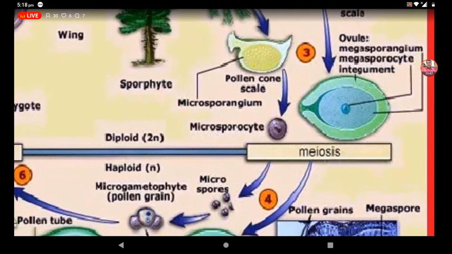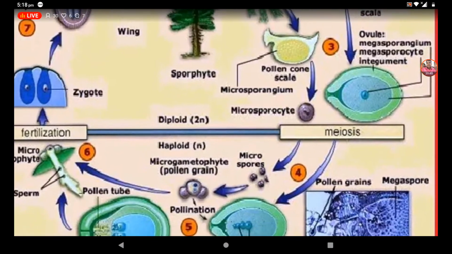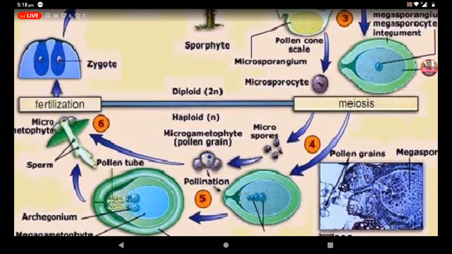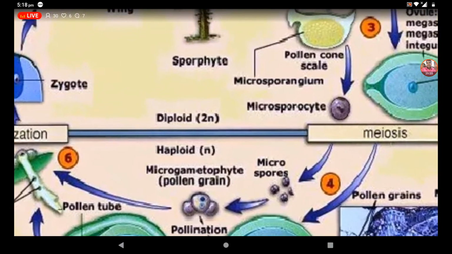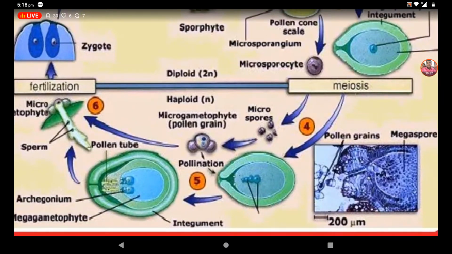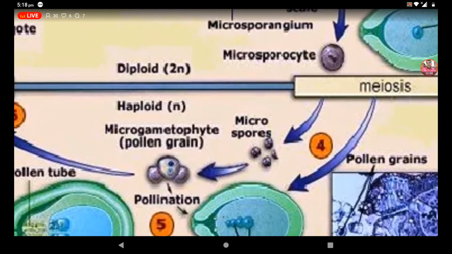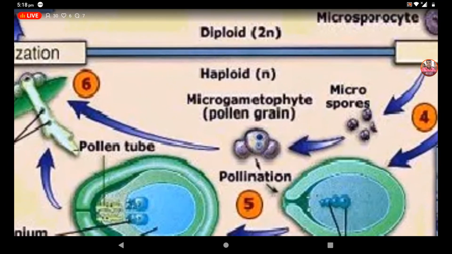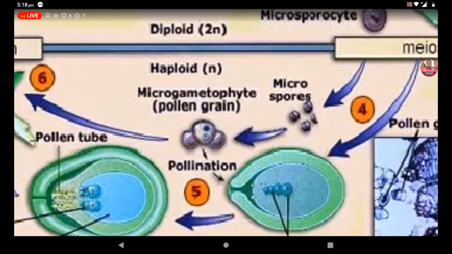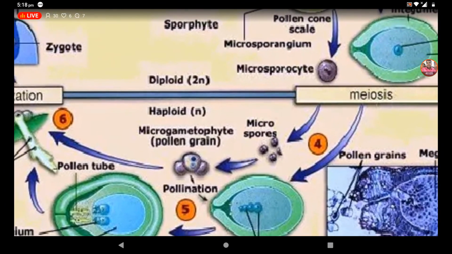They follow meiotic division exclusively and form the haploid structures. The microsporocyte becomes microspores, which are haploid, and then become pollen grains. So pollen grains are going to form from the microsporangium.